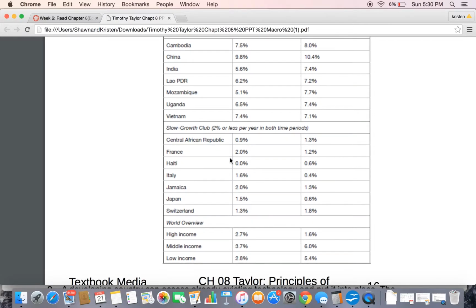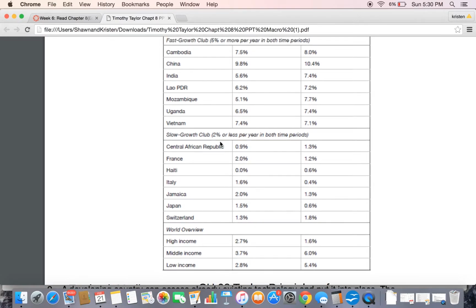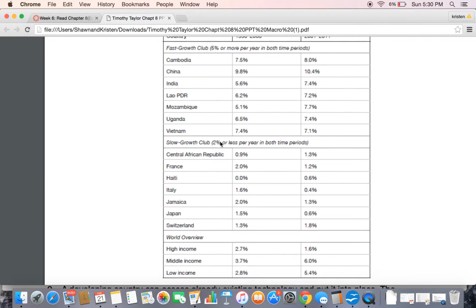Also, they might be in some sort of political strife, potentially in Africa. So we do see very different growth rates.